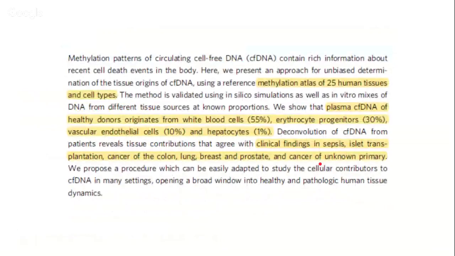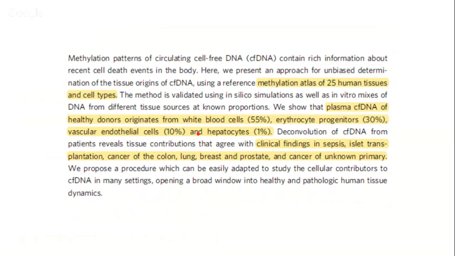They performed a methylation atlas of 25 human tissues and cell types. And from these, one of the main results was that the plasma cfDNA of healthy donors originates from white blood cells, erythrocyte progenitors, vascular endothelial cells, and 1% of hepatocytes.